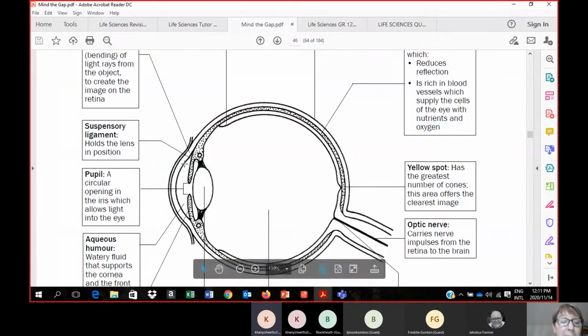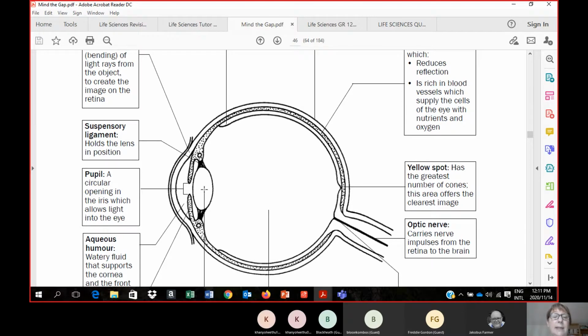And then there's a liquid in the front, which is called the aqueous humor. And then, of course, your lens, which is also completely transparent, and it's made up of a very firm jelly-like material, and it can change shape, which allows your light rays to be focused on the yellow spot over here. And this is obviously important to see things at different distances.